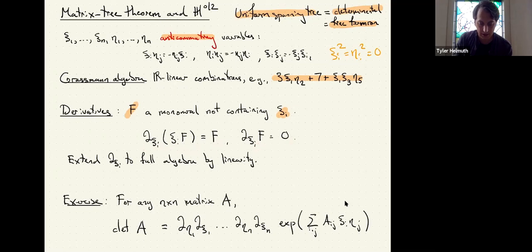Then you extend this to be an operation on the whole algebra by linearity. So if I have some linear combination and I apply partial xi I to it, I just apply it to each piece individually. And if I ever want to kill a xi I inside, I just have to bring it to the front of the expression so I can use this rule. As you bring it to the front, you might pick up some minus signs because of the anti-commutation. So all that means is that partial xi I is an anti-derivation. Okay, so that's how you take a derivative.